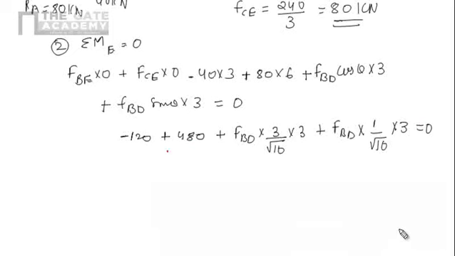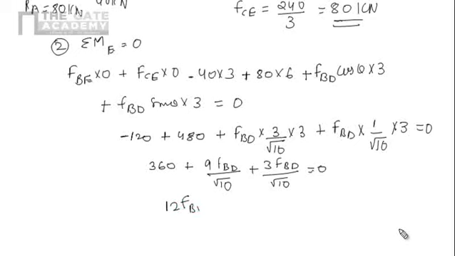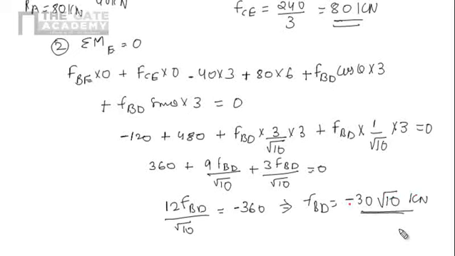Now we simplify: 480 minus 120 will be 360, plus 9 FBD by root 10 plus 3 FBD by root 10 equals 0. So now we have 12 FBD by root 10 equals minus 360. So FBD will be minus 30 into root 10 kilonewton. So this one will be the FBD.